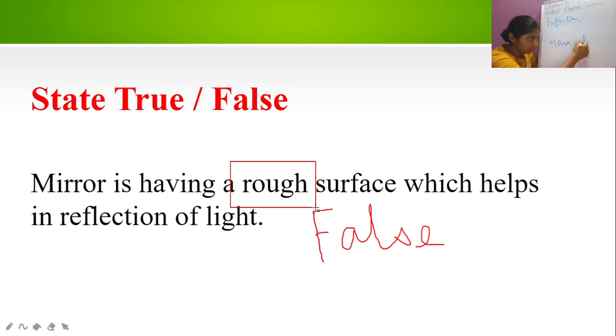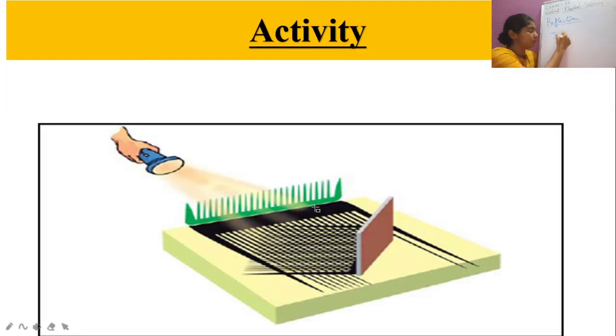Yes, very good. We have a torch. So we can see here a torch, a comb, a cardboard, right? And what is another thing, students? The hand of a person, right?